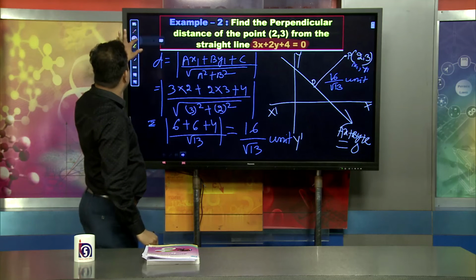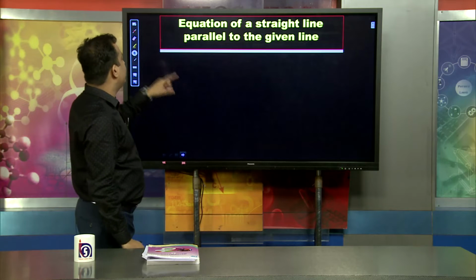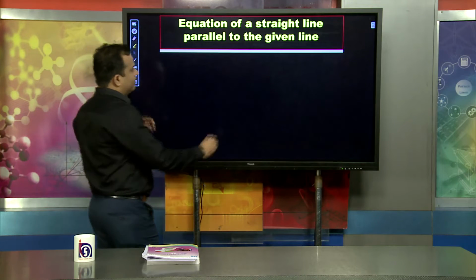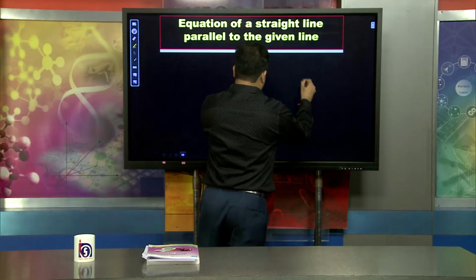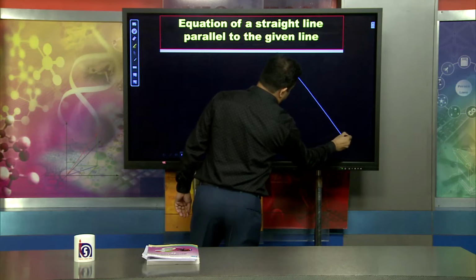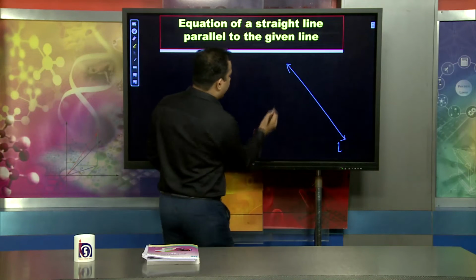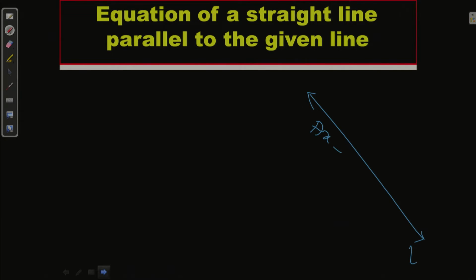Now, a very important thing we are going to discuss: the equation of a straight line parallel to a given line. Suppose this is the line L, and you know that the equation of the straight line L in the general form is Ax plus By plus C equal to 0.